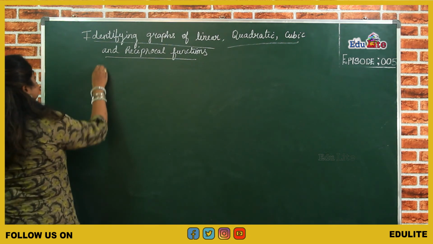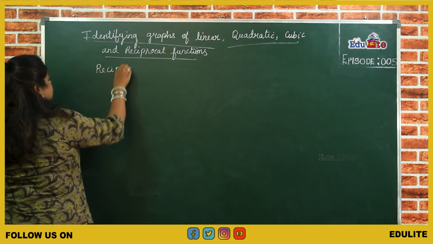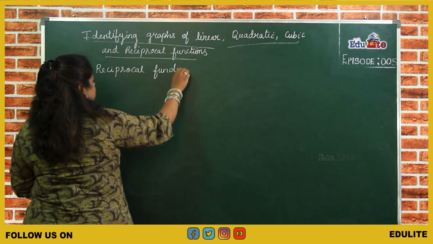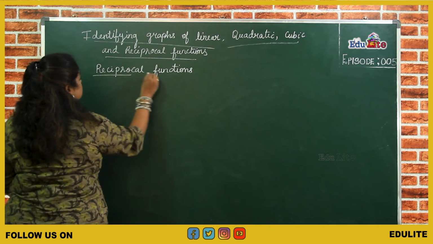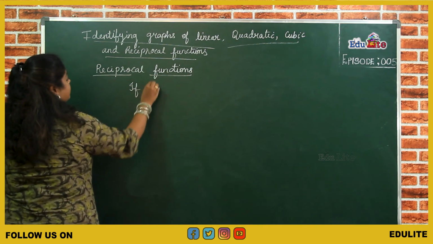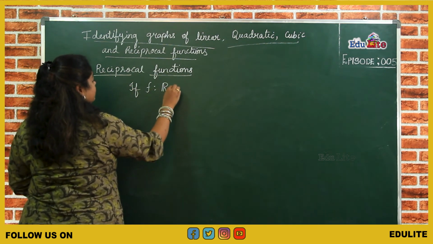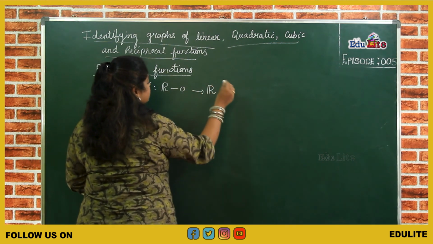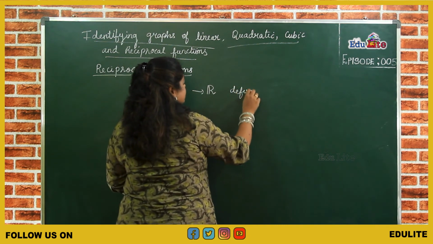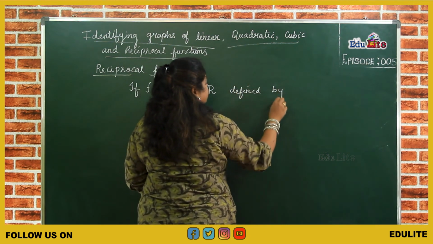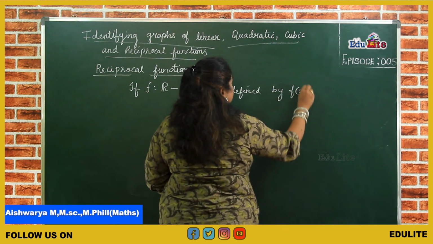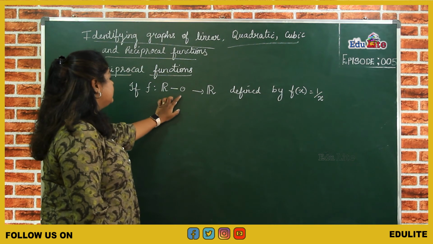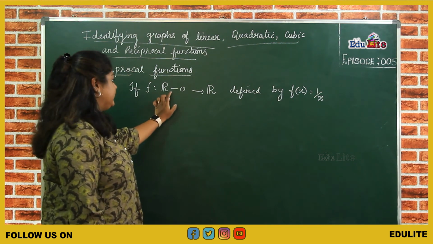Next is reciprocal functions. If f is a mapping from a real number, not including 0, to another real number, defined by f of x is equal to 1 by x, because as we have mentioned, 0 is not included while taking the real numbers.